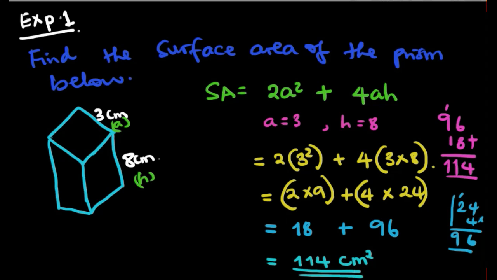Now let's get another example. Let's call this example 2. We will also find the surface area of a square prism.